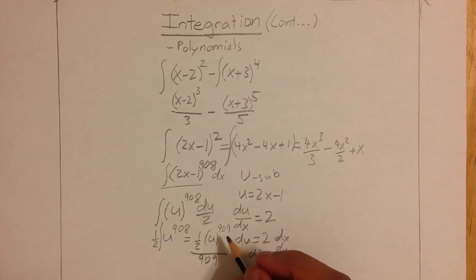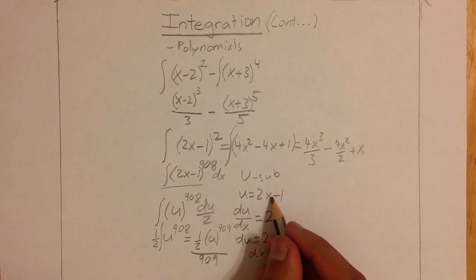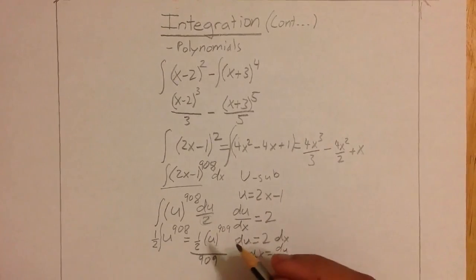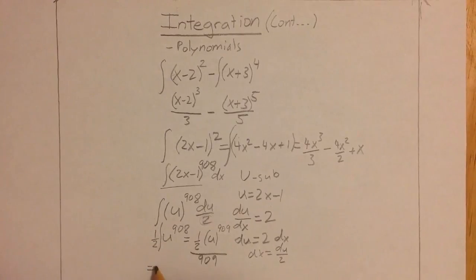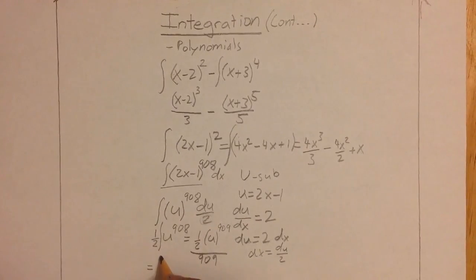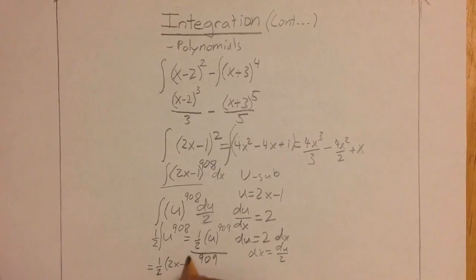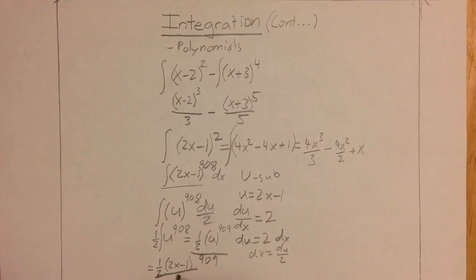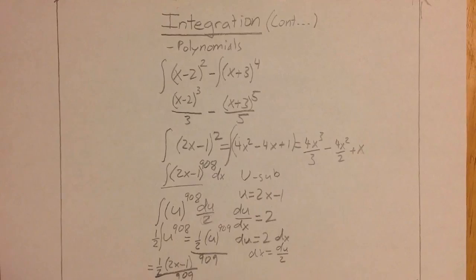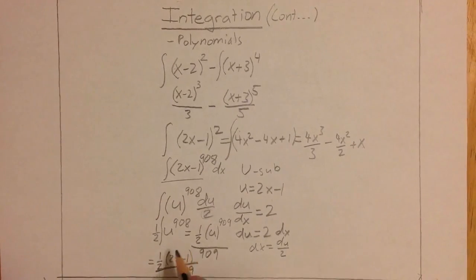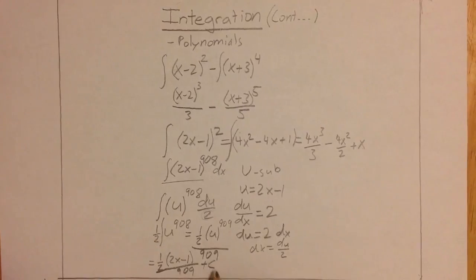We then have to substitute our 2x minus 1 back in for u, so we have it in terms of x. Now that gives us a final answer of 1/2 times 2x minus 1 to the 909 all over 909. And you can simplify that if you want, but this is the answer, and as always, don't forget the plus C.